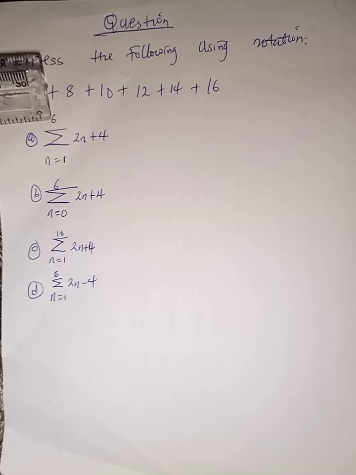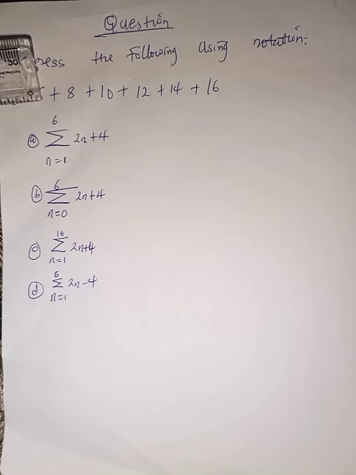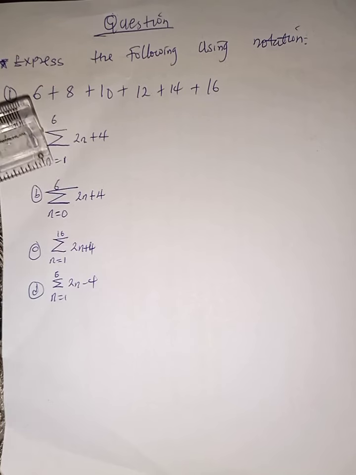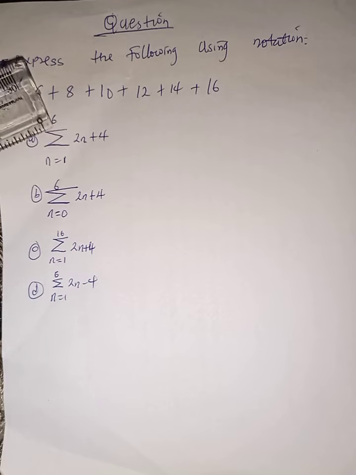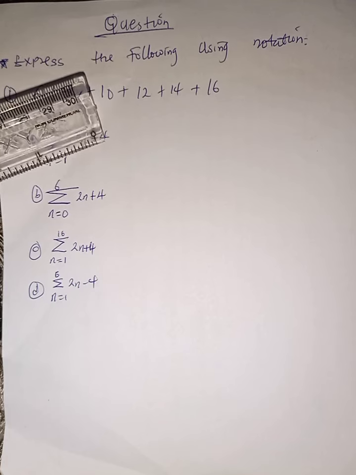What you have to do is to start checking the option that will give you back this question. For example, option A is this symbol, sigma notation, starting from 1 to 6 of the summation of 2n plus 4.